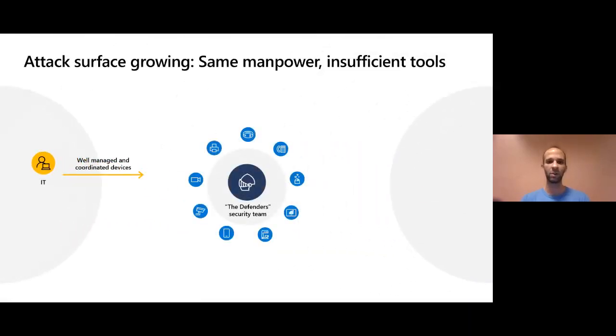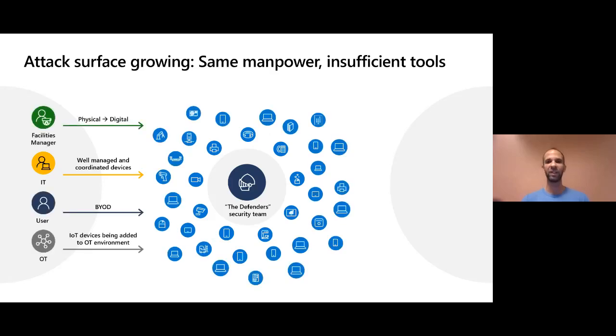Now, if we look back, we're seeing that if we had a traditional IT security, you have a set of devices that you need to secure, and they are usually well managed. You have high visibility to them. But as time goes by and we're seeing more and more IoT devices, we are seeing that the attack surface is growing because more devices are now getting digitally connected.